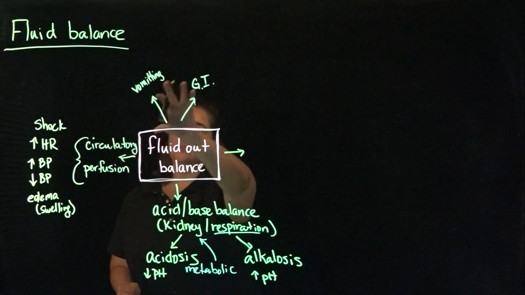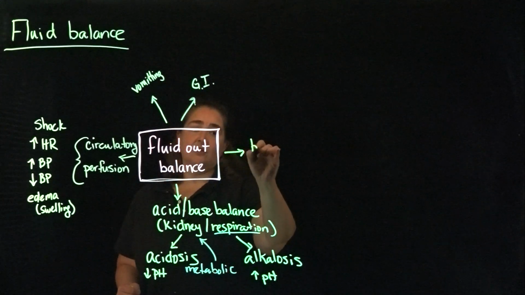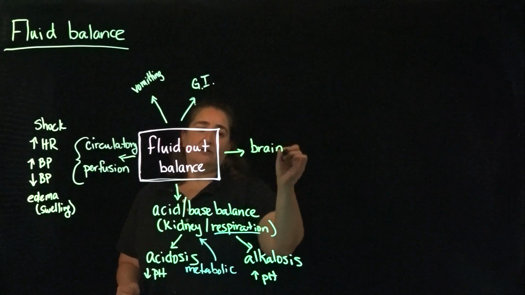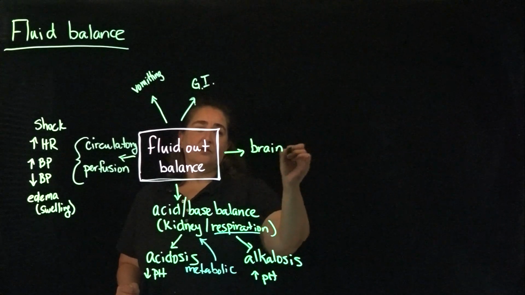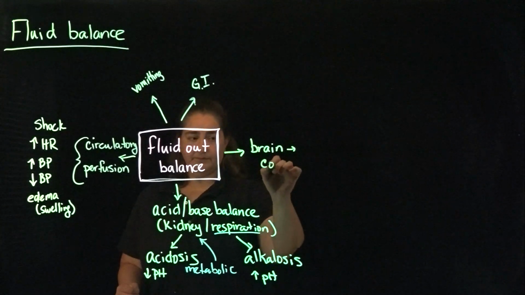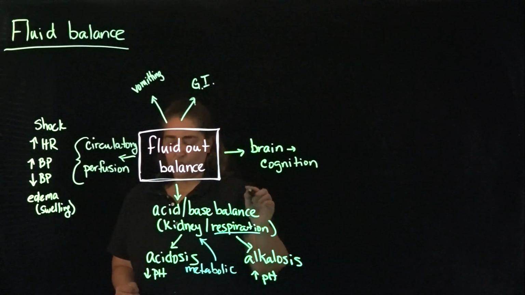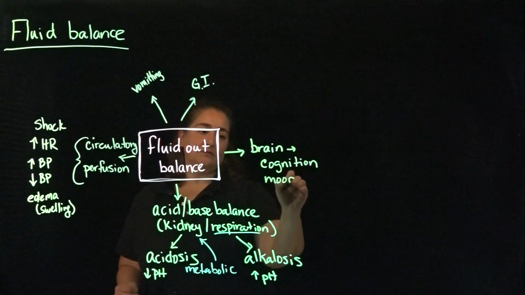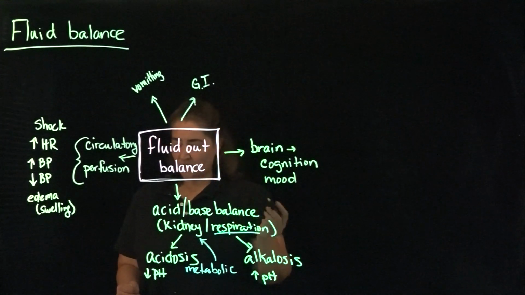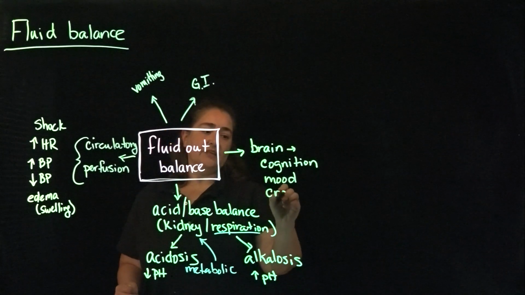So we've got the circulatory system, the GI system, kidney, and respiration. We can also impact the brain here. With the brain, things like cognition, being confused, and mood; sudden mood changes can be associated with this.